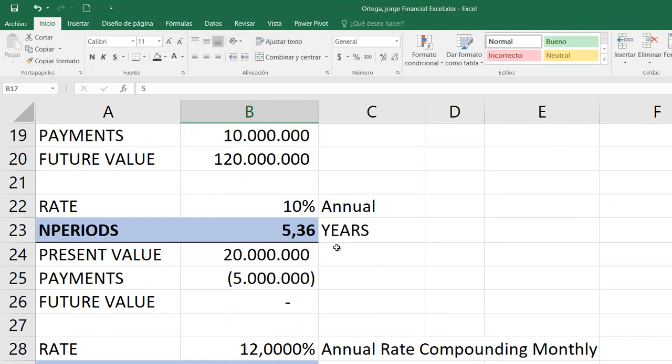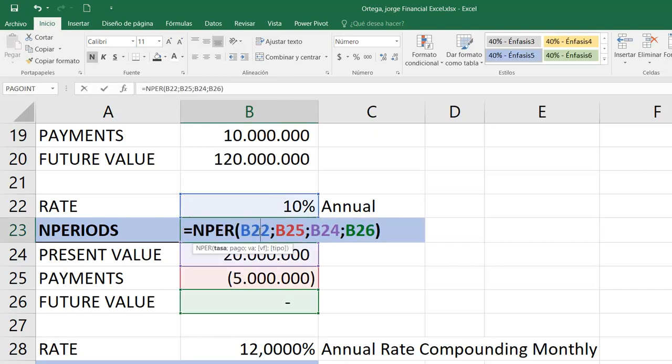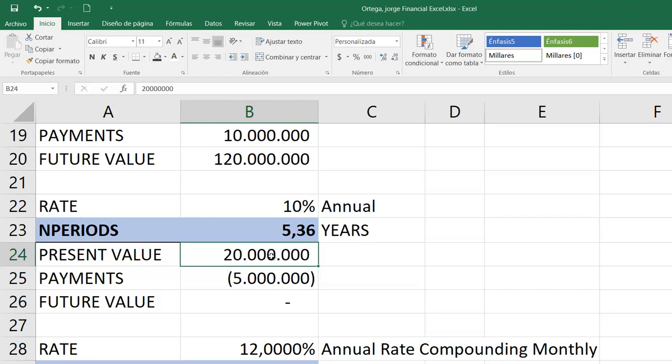Next is the formula NPER, and you need the formula NPER when you wonder how long it would take to, for example, pay a 20 million loan you receive today, and you are able to pay 5 million every year, but you wonder how many years it's going to take to pay back the money if the rate is 10%.